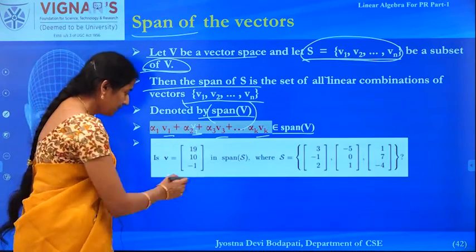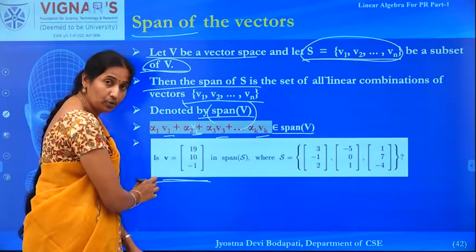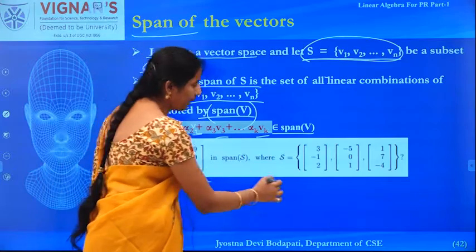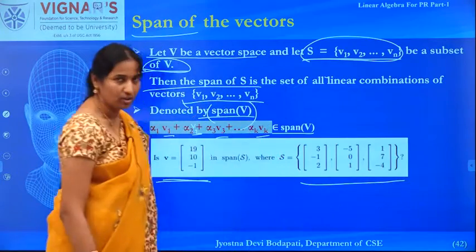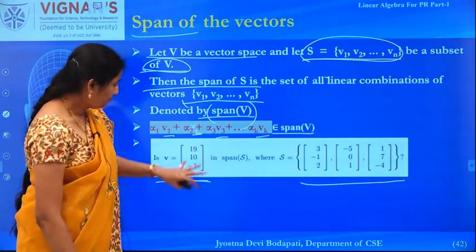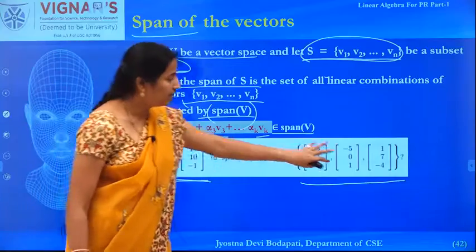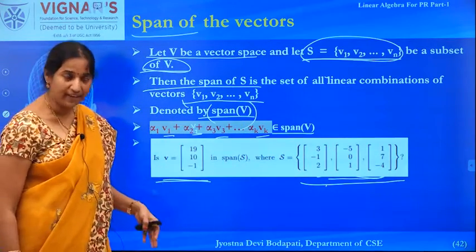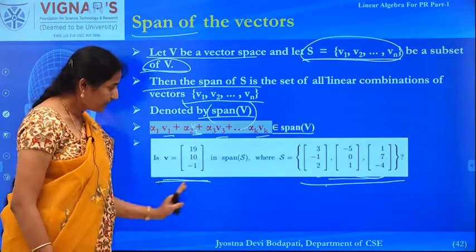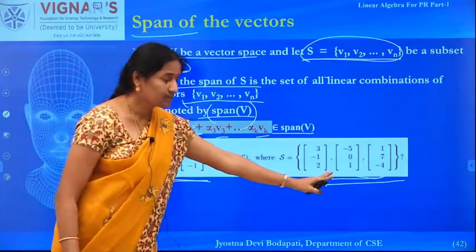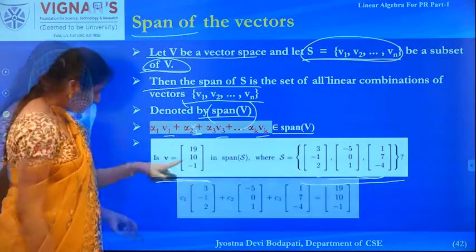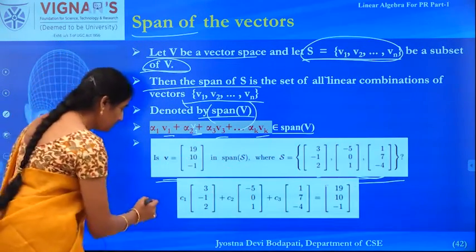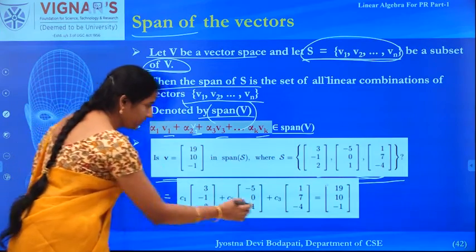Now let's see, given this vector V, we are going to check whether it is in the span of this set of vectors or not. That means, can we get this vector as a linear combination of this set of vectors? If so, you can say that this vector is in the span of this vector space. The vector can be written as, already we have written here, right.